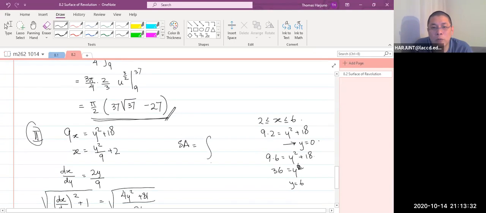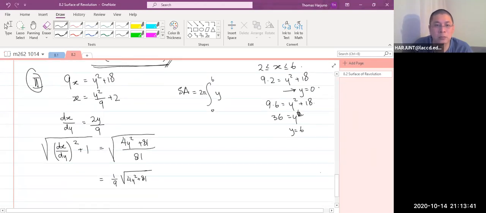So y will be from 0 to 6, 2 pi y times ds, which is 1 over 9 square root of 4y squared plus 81 dy.